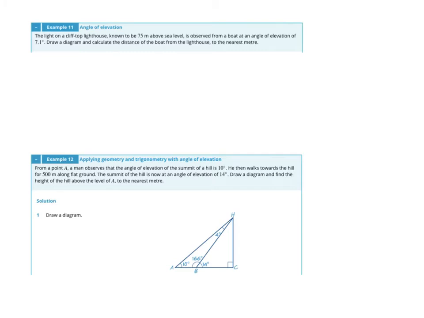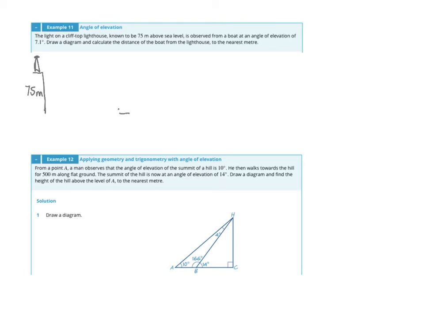So we've got a light on the top of a cliff top lighthouse known to be 75 meters above sea level. So always draw a little diagram, even if they don't ask you, it's always ideal. So here's your little lighthouse, and they've just said that is 75 meters above sea level. It's observed from a boat at the angle of elevation.